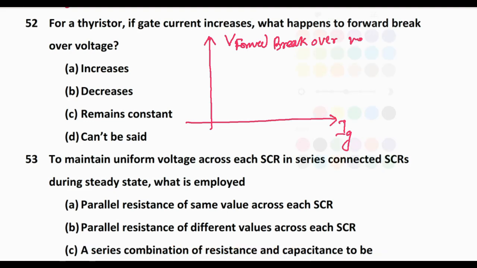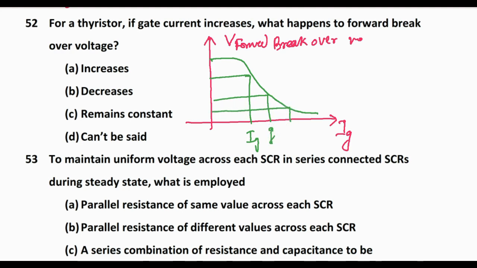The plot will be like this. So for an increasing trend of Ig, what happens? Suppose this one is Ig1, this one is Ig2, and this is Ig3.